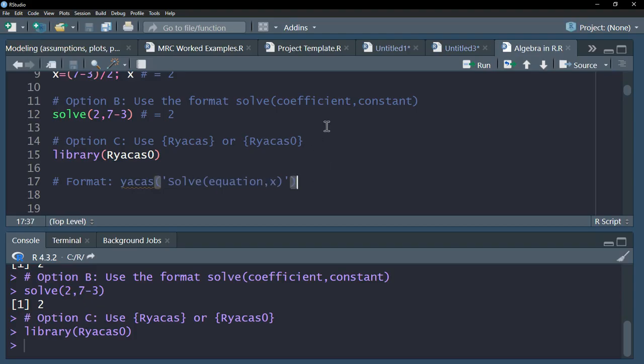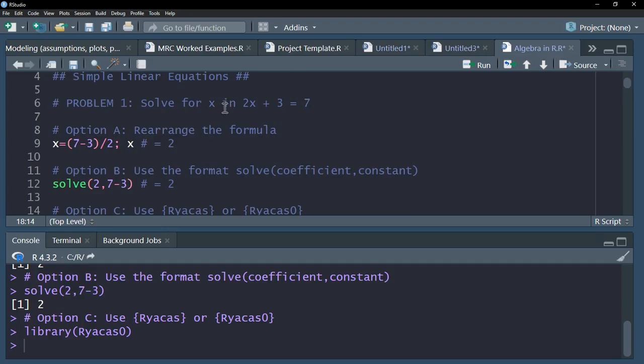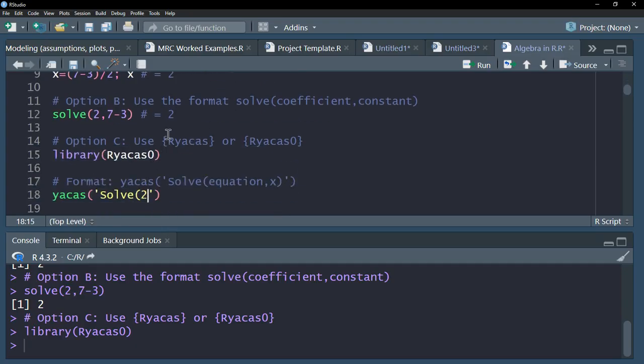All right, let's see what that would look like. We'll say yacas, open quote, Solve. I believe it does have to be capitalized, open parentheses. And our equation is 2x plus 3 equals 7. Okay, so we'll say 2 times, remember we need to use an asterisk in R to indicate times, 2 times x plus 3 equals 7.